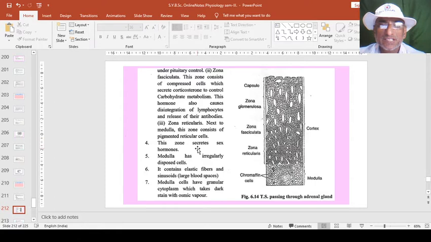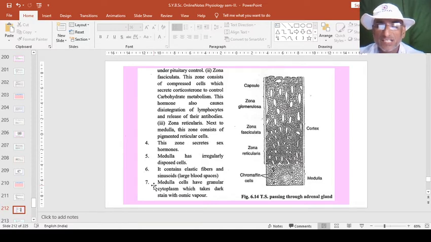This zone secretes sex hormones. Medulla has irregularly disposed cells. It contains elastic fibers and sinusoids, or we can say large blood spaces.